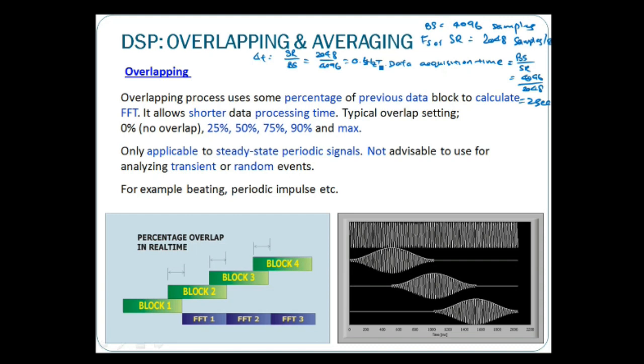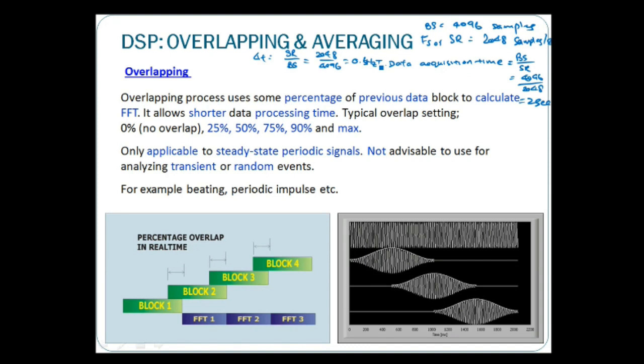Every 2 seconds it processes and gives you one FFT or spectrum, so with 10 blocks you have 10 FFTs. Averaging averages all these 10 FFTs and gives you one average FFT or spectrum.